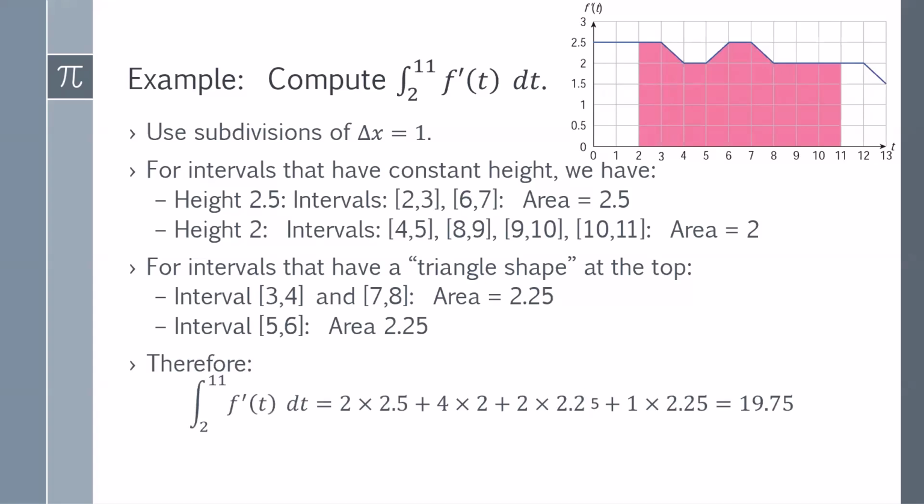So if we add all these up, we get the area from 2 to 11 under the curve of f prime of t dt: 2 sections of height 2.5, 4 sections of height 2, 2 sections of height 2.25, and 1 section of height 2.25, for a total of 19.75 units.